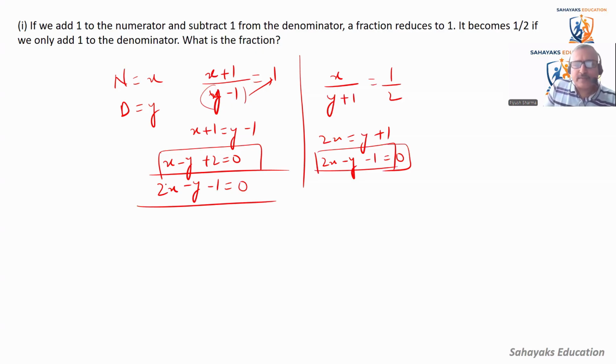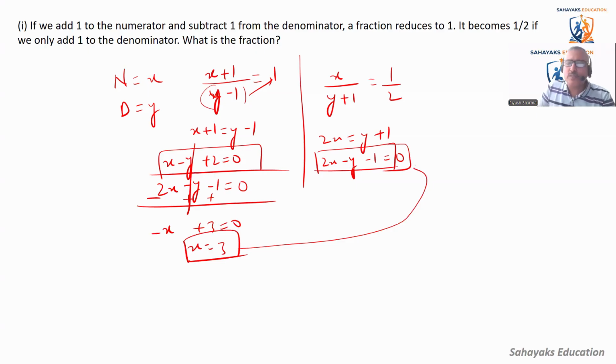So I'll subtract this from this. It's minus, plus, plus. The y terms will cancel out, because it's minus y and this is plus y. It'll become minus x plus 3 is equal to 0. So the value comes out to be x is equal to 3. Now I'm putting this value in any of the equations.